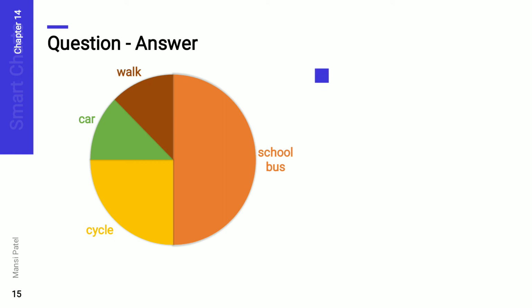Now your second question is: how do most children come to school? Here they are asking how most children like to come to school. So your answer is by school bus. Most children come to school by school bus.